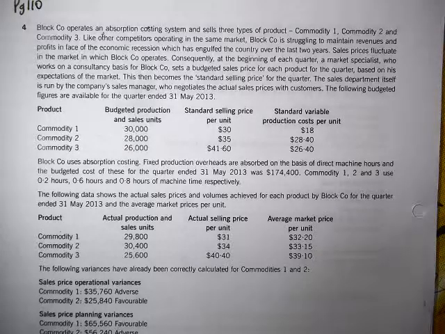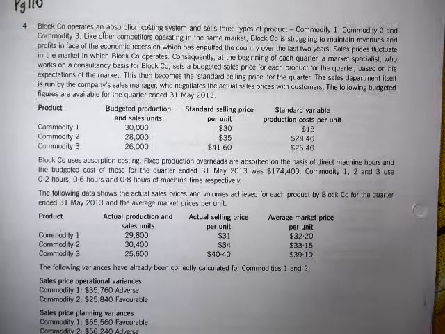Okay, the first part is for commodity 3. What is the sales price operational and the sales price planning variance?